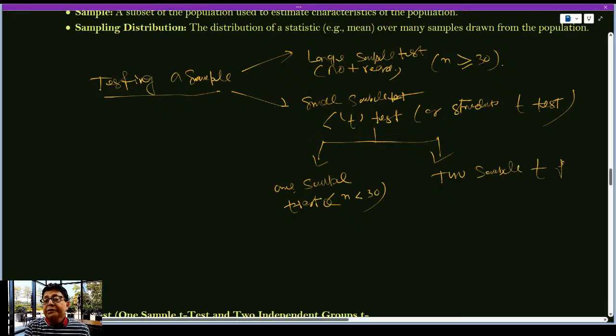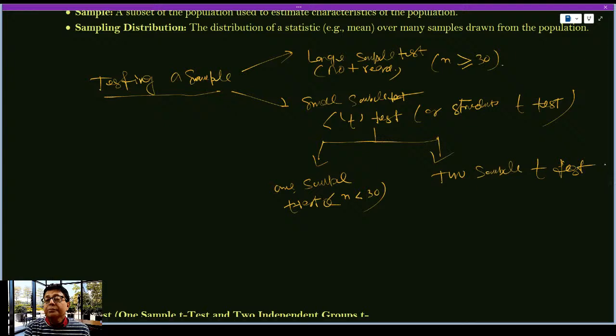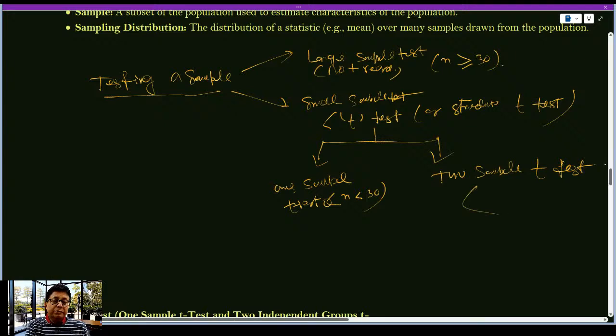the two sample t-test also. Two sample t-test, I gave you some elementary idea about it. Two sample t-test is also there. I mean, suppose from a population you are testing two statistics, whether their means differ or not.